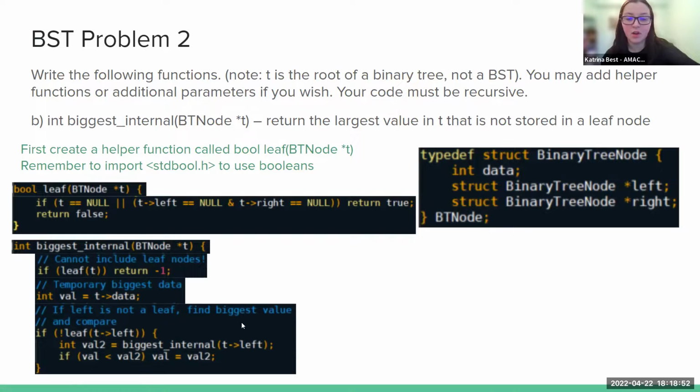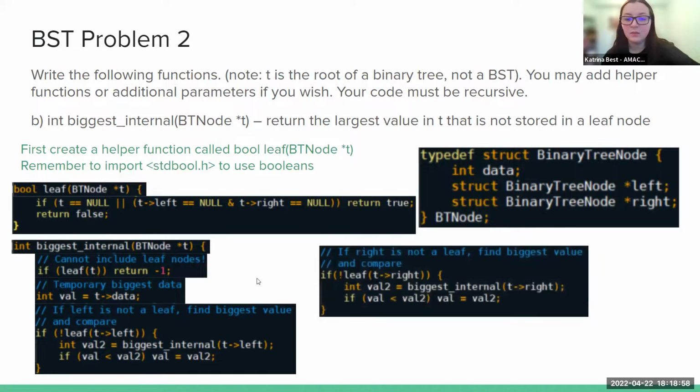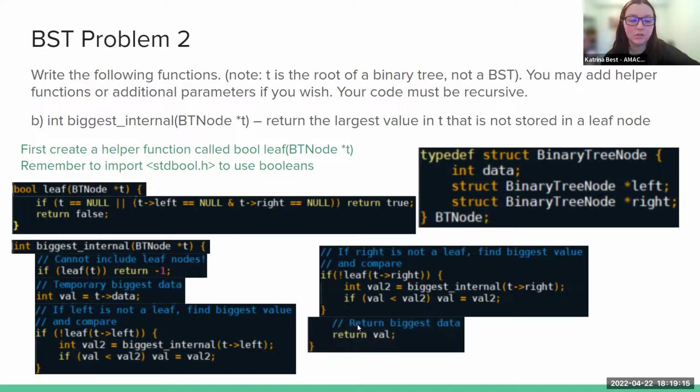So this is the recursive call in there, and we compare it right then and there. We do the same on the right side. You want to make sure first the right side is not a leaf, and then you go through and try to find it. And then at the end, you return val, or you can rename it as you please.